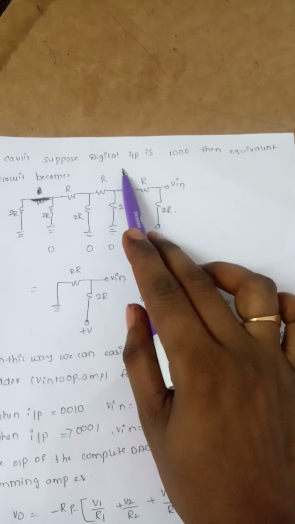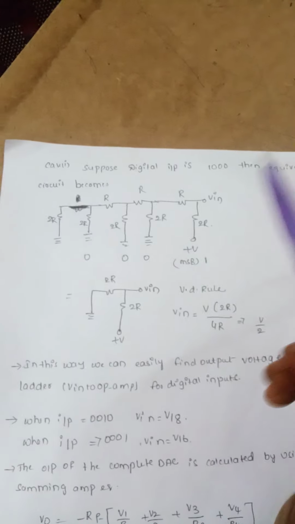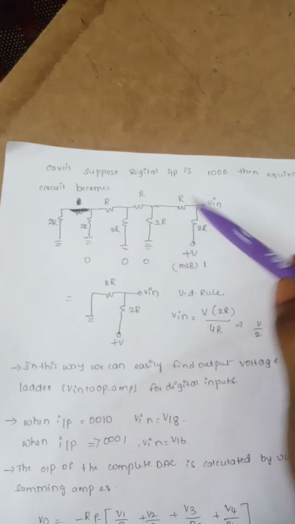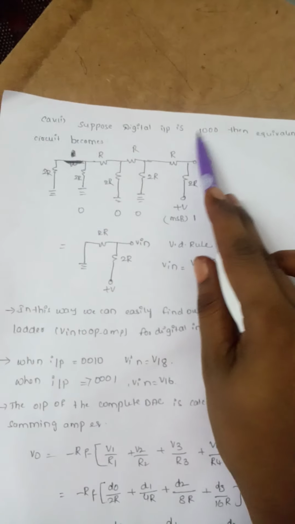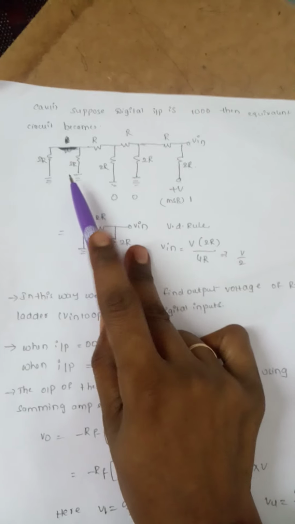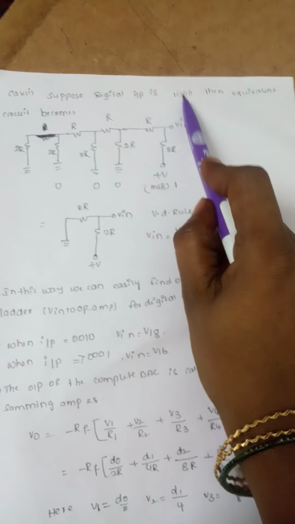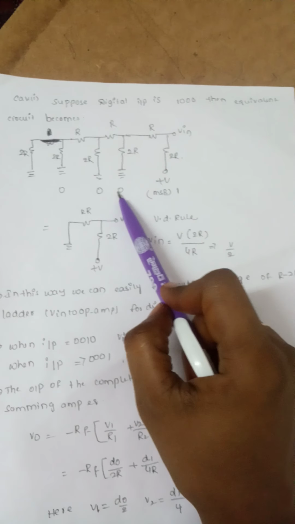Suppose the input is 1000, then the equivalent circuit would become like this. So here the initial bit is 0, that's why it is connected to ground, and the second bit is also ground, and the third bit is 0, also connected to ground.